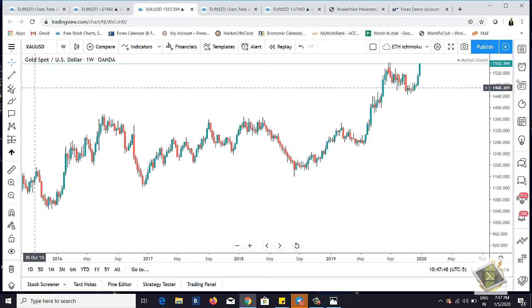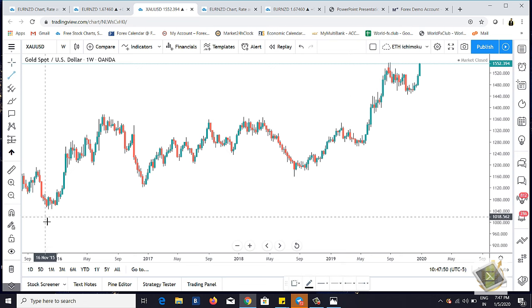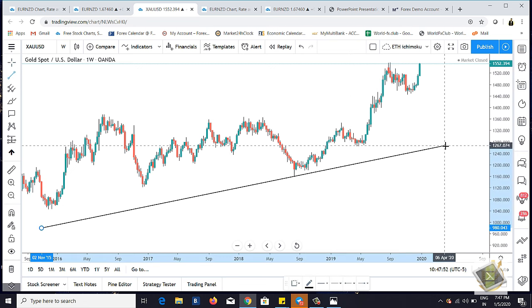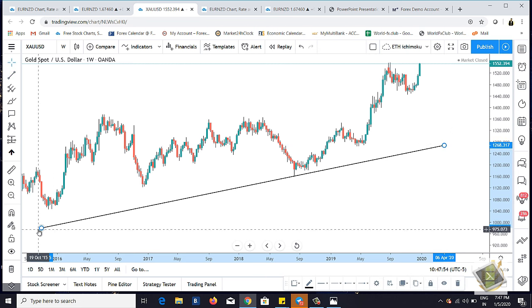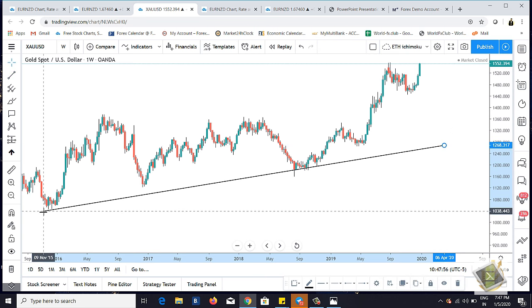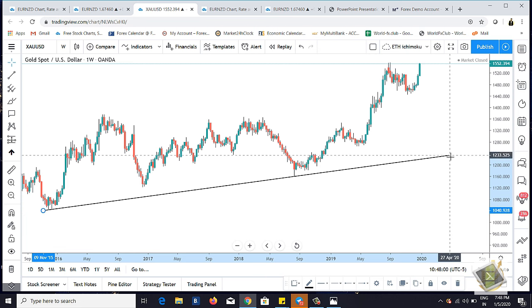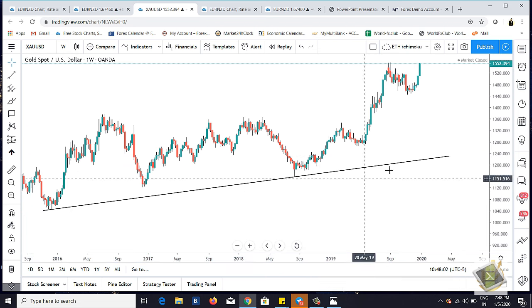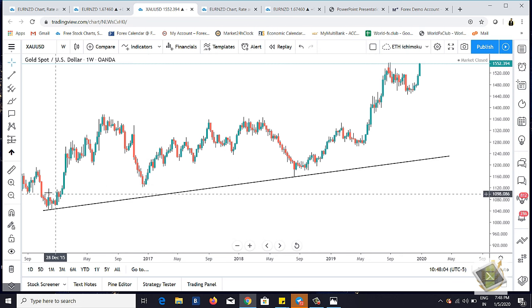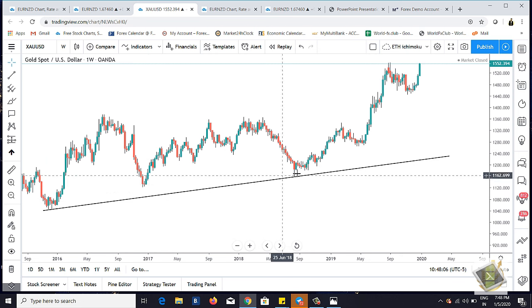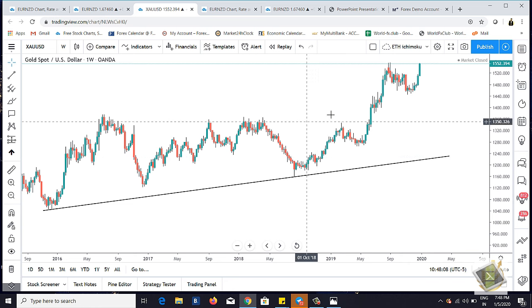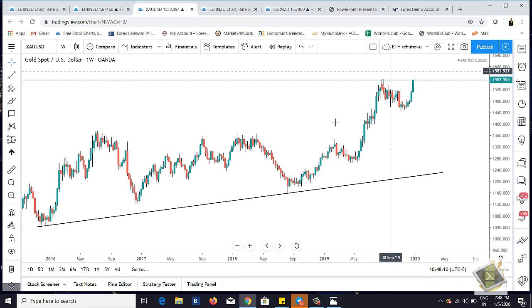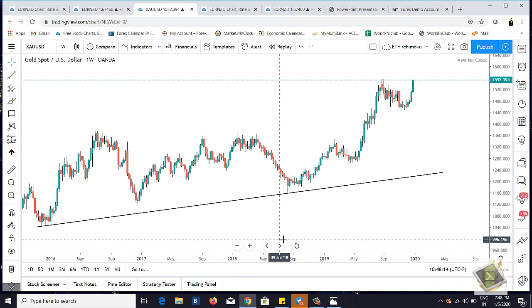Because price is going up. I can draw a trend line like this because it is making higher highs, higher lows, and higher highs. That means it is an uptrend. Okay, so that's it. So this was the second point.